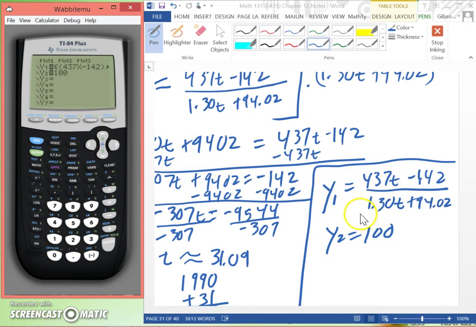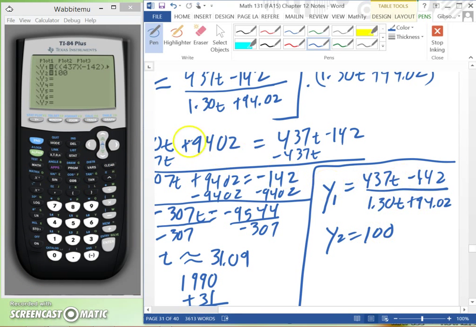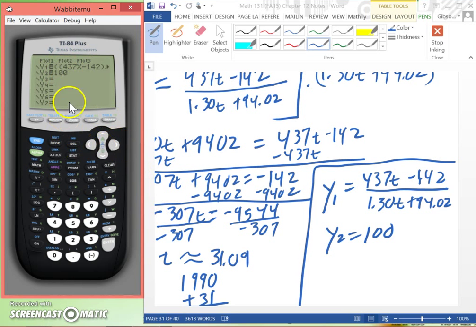So you put this in your calculator. Okay, class, I took the liberty of typing this in the calculator, so what you could do is copy what I have here. If you notice, I have 2 open parentheses, and then I typed in 437, and then I put X. X is this key here next to the alpha key, and then minus 142.